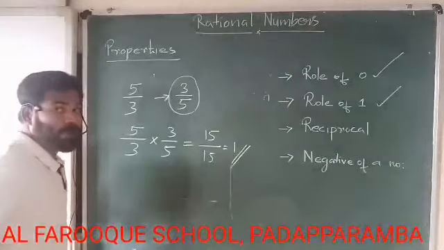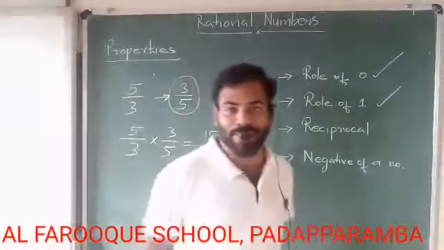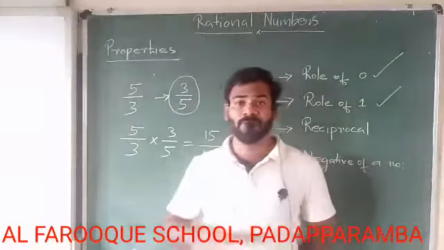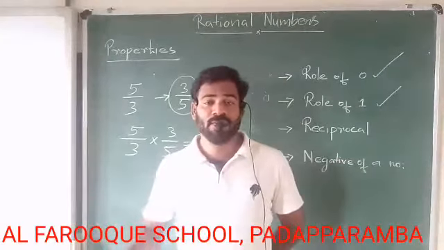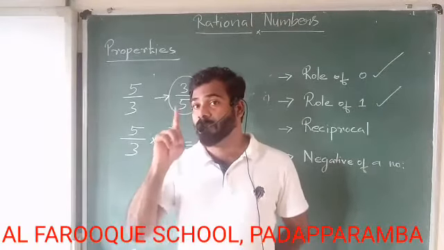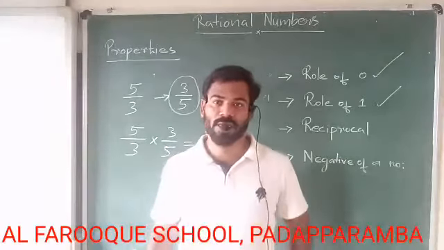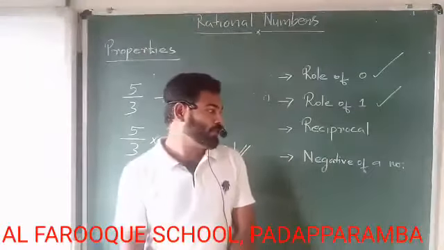We will get the multiplicative identity. If we multiply a number with its reciprocal, then we will get the multiplicative identity, that is 1. That is the importance of the reciprocal.